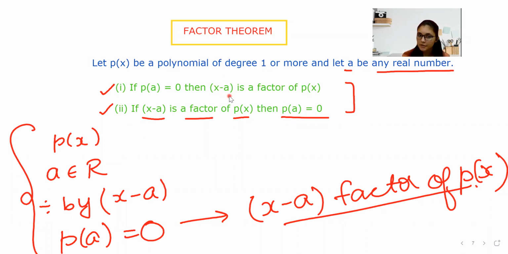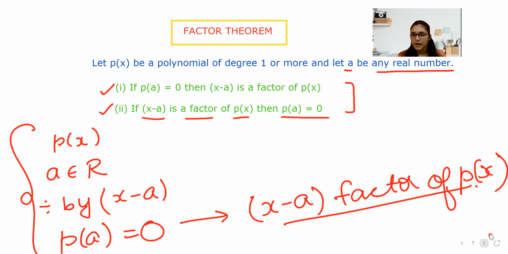If the remainder is 0, then x minus a will be the factor. And the converse is that if x minus a is a factor, then the value of the polynomial at x equals a will be 0. So this is our factor theorem.